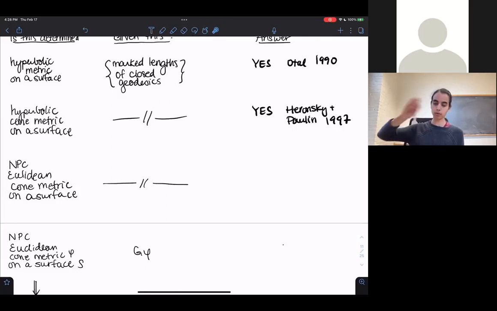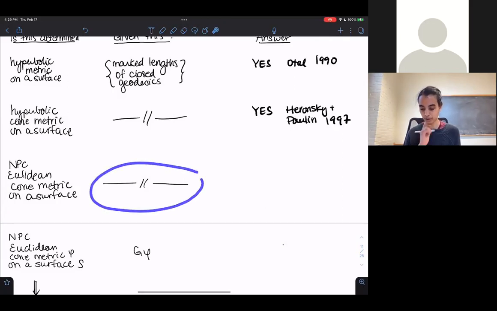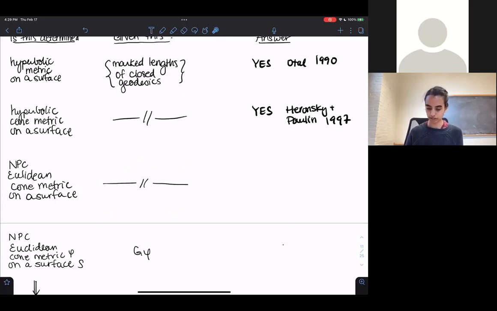So it's angle more than 2 pi around those cone points. Suppose we had such a surface. And suppose we had, again, the lengths of all the closed curves and which homotopy classes those lengths corresponded to. Can you figure out the metric? So for this, it's also yes. So this is very encouraging, a lot of yeses.